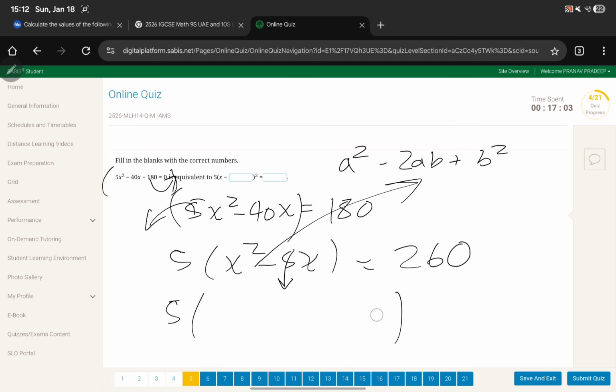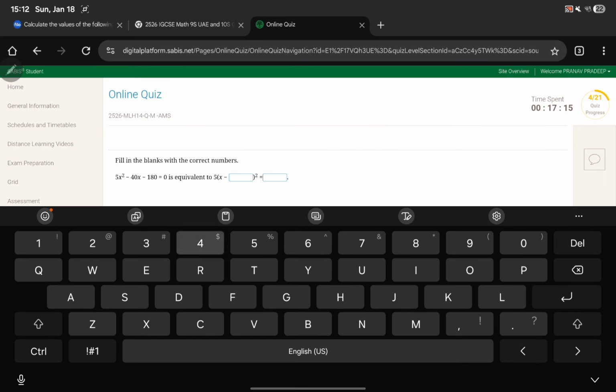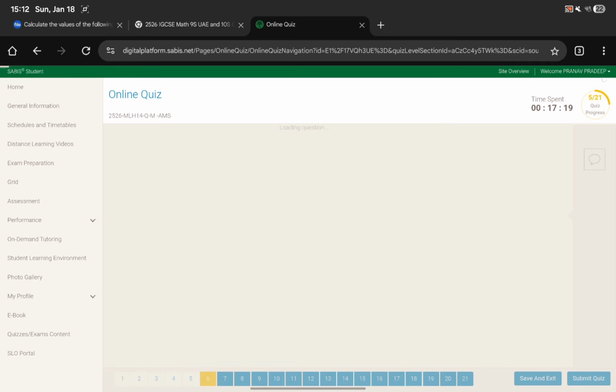Now just simplify that equation. Get x minus 4 squared equals 260. It's not that hard.